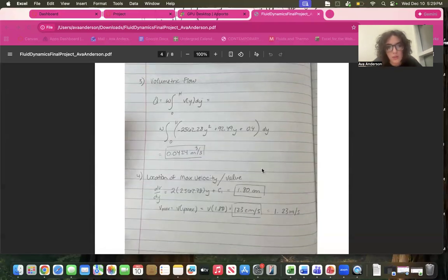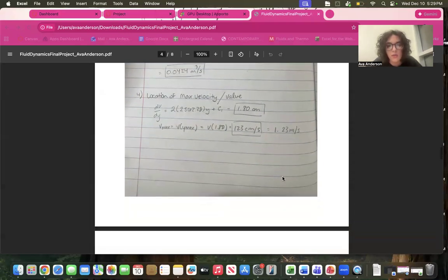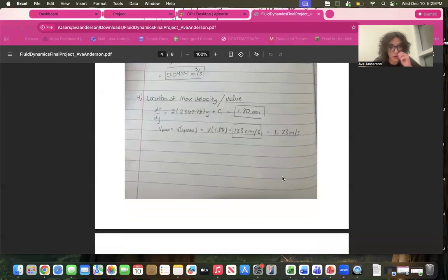So to solve for volumetric flow, you want to integrate over the velocity from 0 to h and multiply that by w, and that ends up getting you 0.0424 meters cubed per second. You can solve for the max velocities and how that would show up in the velocity profile. The point where it is the max is 2 times the pressure gradient divided by 2 mu times w plus c1, that's giving you 1.8 centimeters.